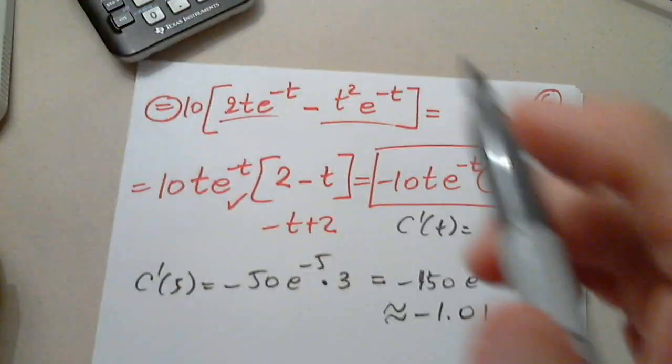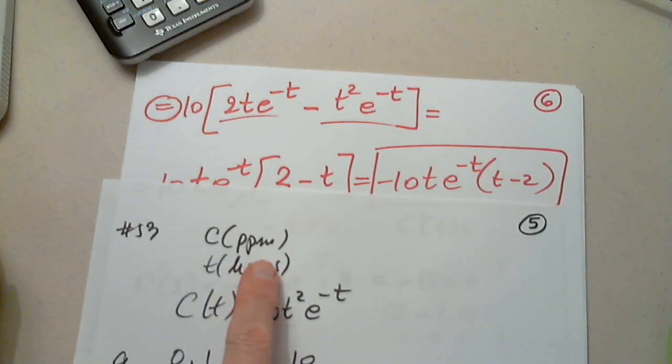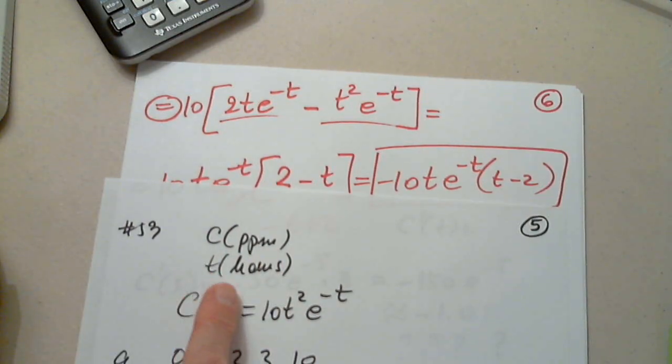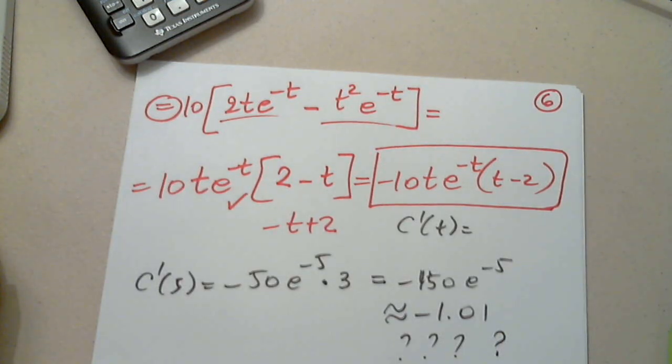Now the question is measurement unit, and what is it? What does it represent, and what is the measurement unit? Who would like to help? C is in ppm, T is in hours. First, let's identify the measurement unit.